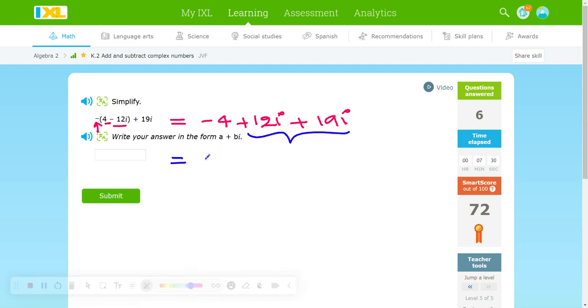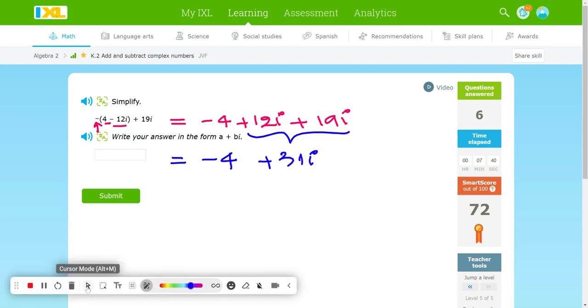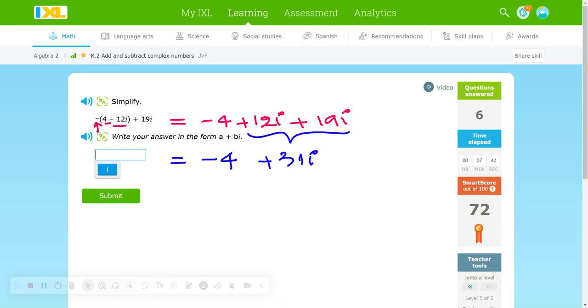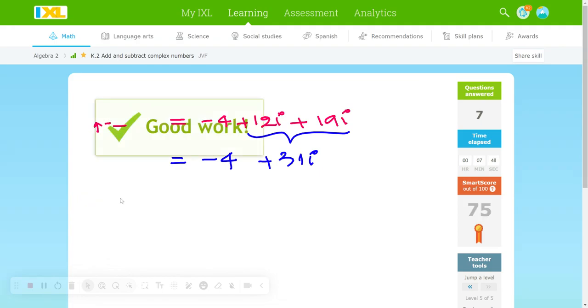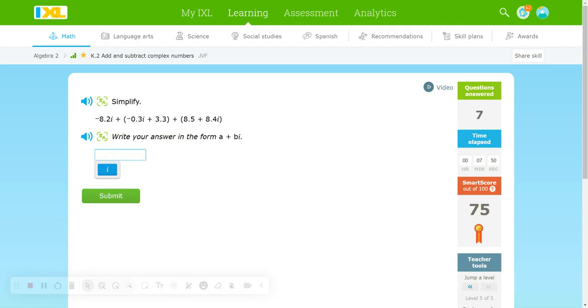In front, you have negative 4, you cannot combine anything. 12i with 19i is 31i. So the answer is subtract 4 plus 31i. Voila.